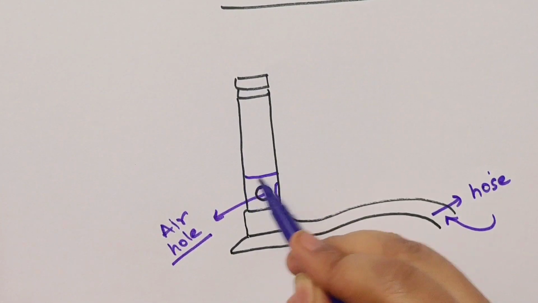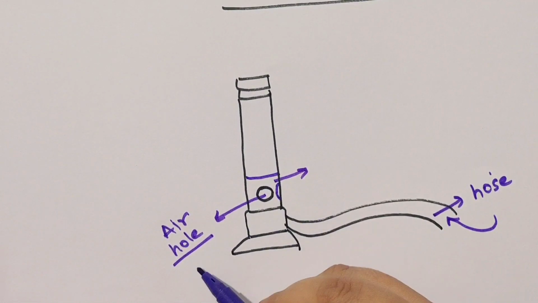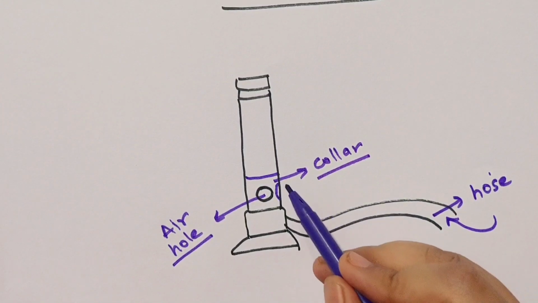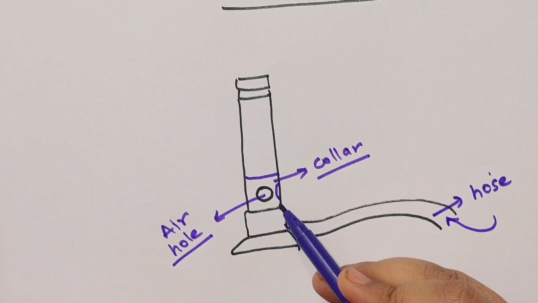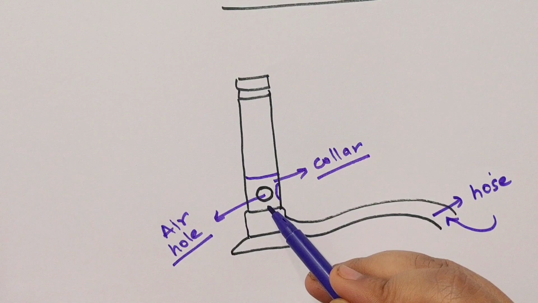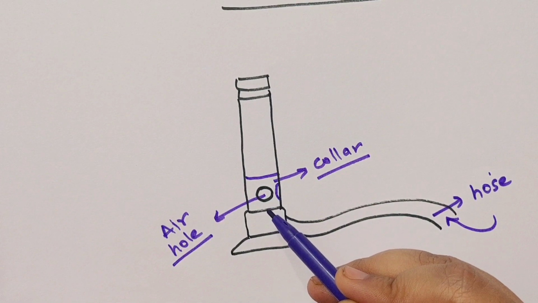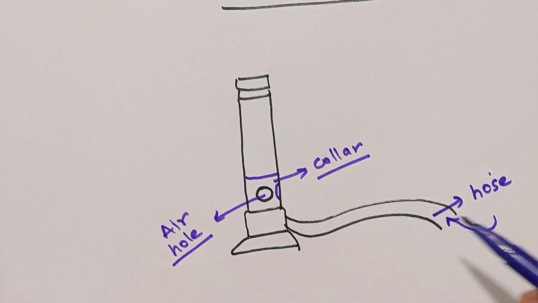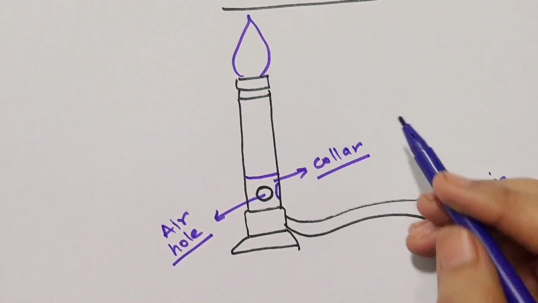And there's a thing which can completely cover the air hole, and it's called a collar. Now, if you rotate the collar in such a way that the air hole is closed, then there is no supply of air. In that case, complete combustion will not take place simply because there is insufficient amount of oxygen. In that case, the flame that you get would be yellow flame.